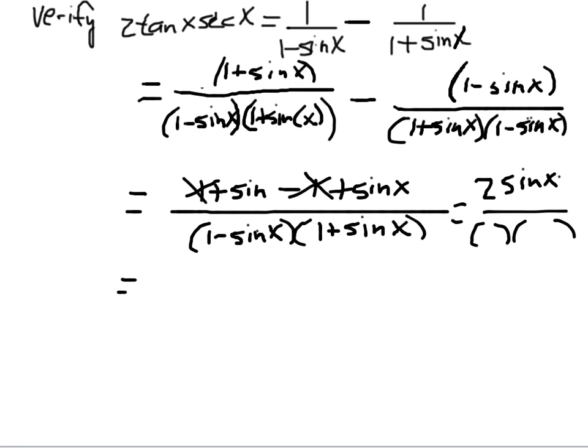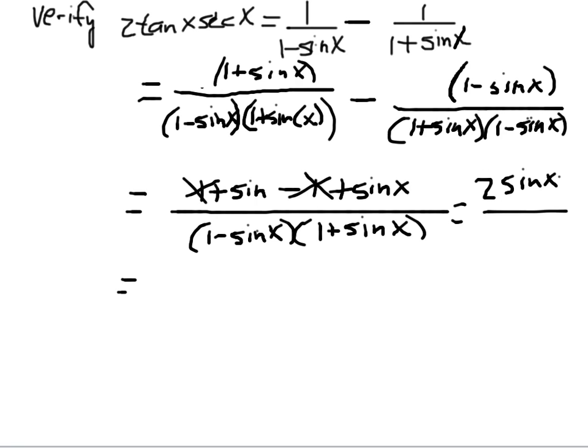Now when you look at the left-hand side, there's a 2 times tangent of x secant of x. So somehow I have to work my way from what I have here, 2 times the sine of x over this multiplication. But when I look at that multiplication, I see conjugates.